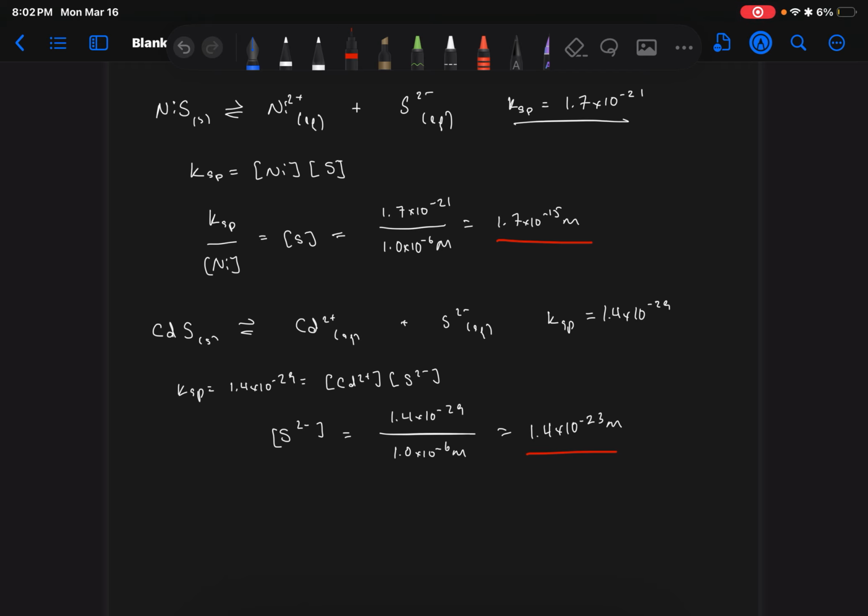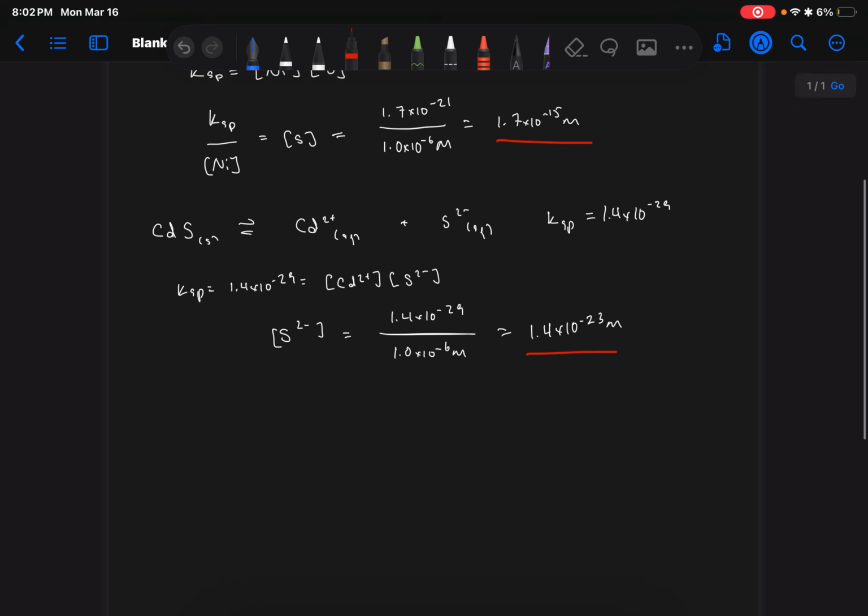So for the process of adding, it's going to be high and it's going to be low. As we keep on adding it, more will precipitate. So right here, we'll call this 1.4 times 10 to the negative 23.